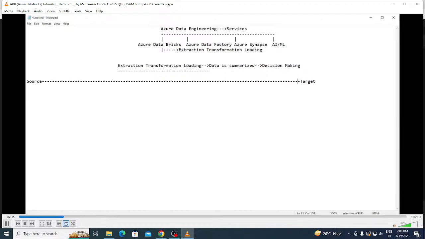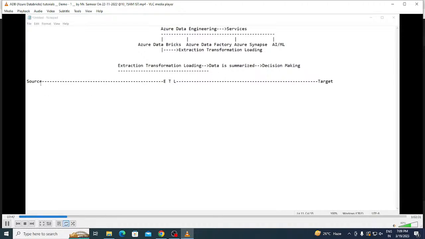Now, guys, what is a source and what is a target? Between the source and the target, this process of ETL is always applied, irrespective of whatever service we use. Generally, I'm talking about ETL. ETL is a process where the data is summarized.